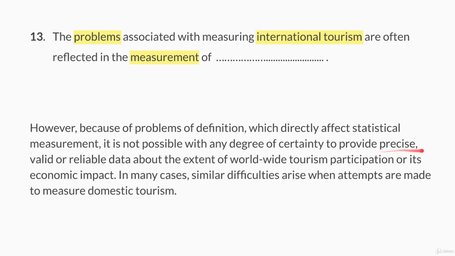I'm going to keep going on a little bit more to see if I can find our other keyword. And yeah, there is actually right here. Worldwide tourism. That is a synonym for international tourism. Worldwide is a synonym for international.